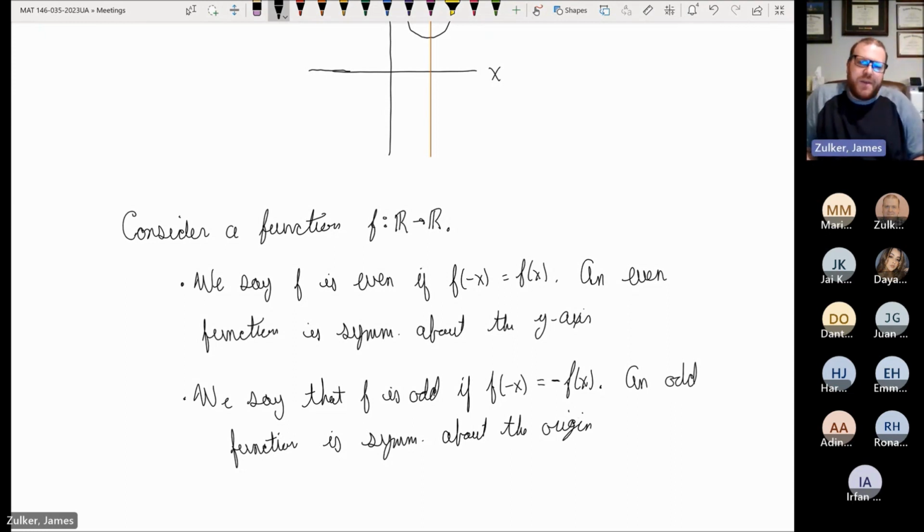Odd functions are symmetric about the origin. So this idea of even and odd functions is going to be extremely important when we study trigonometry.